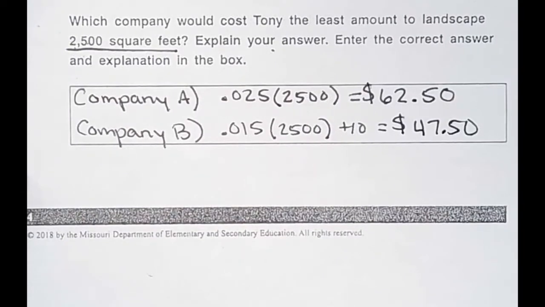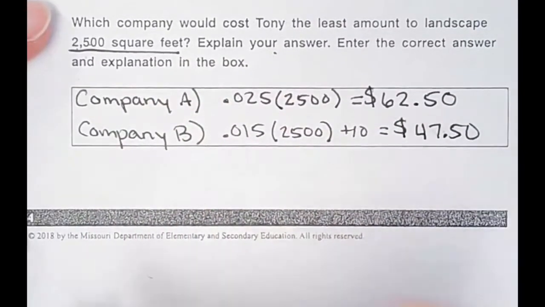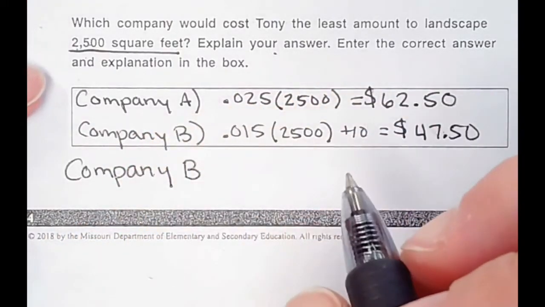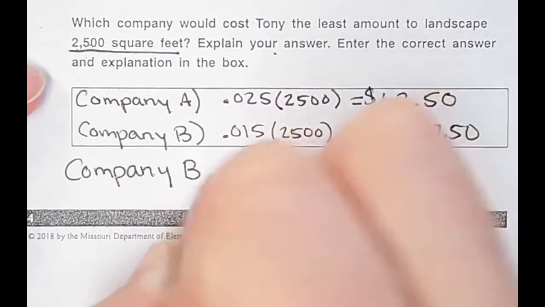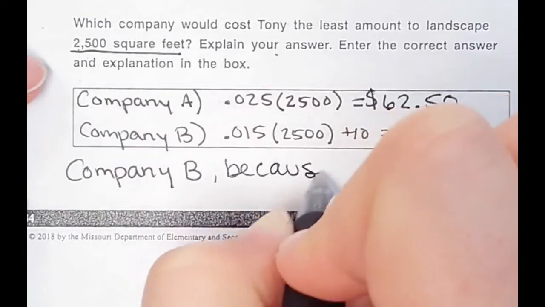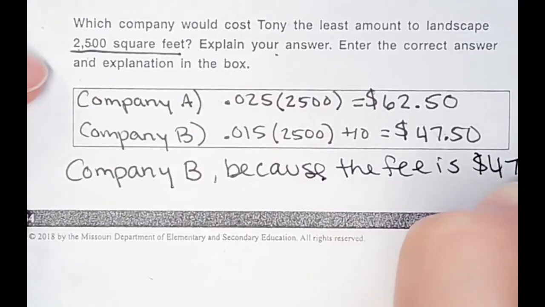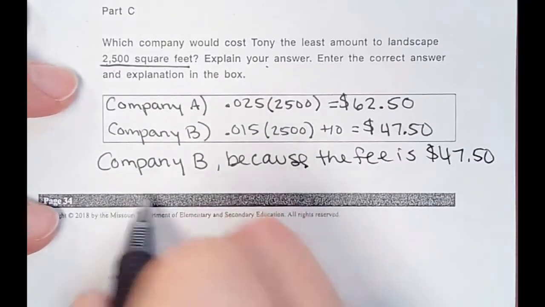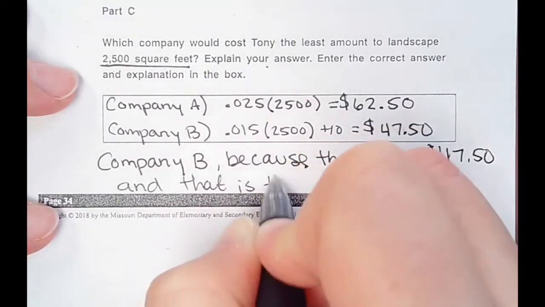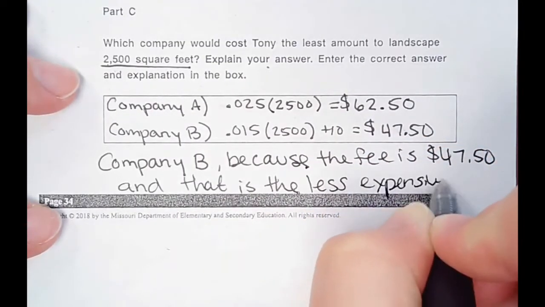So we don't technically need to show this work to them, but we need to say company B would cost the least, or maybe you could say company B because the fee is $47.50, and that is the less expensive company or fee, whatever you want to say.